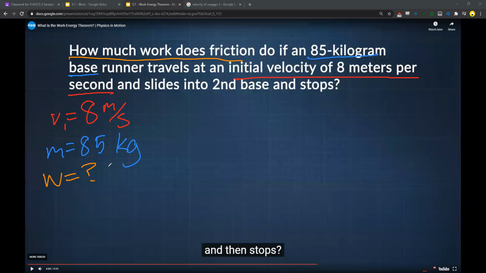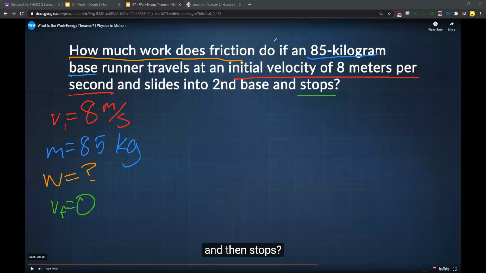One other known. Yeah, VF is 0. Final velocity is 0.